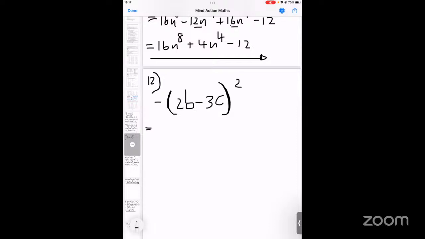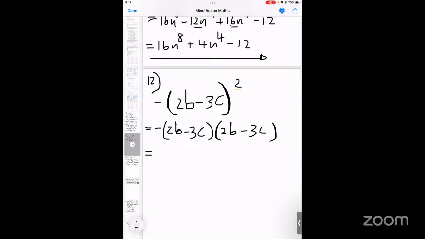Whatever I say, just listen very carefully because it guides you in terms of what goes through my mind when I have to do this type of question. So again, a square to me means two of exactly the same thing. That is why I'm going to have that negative, and then I will do these brackets like this simply to indicate that it is two of exactly the same thing.